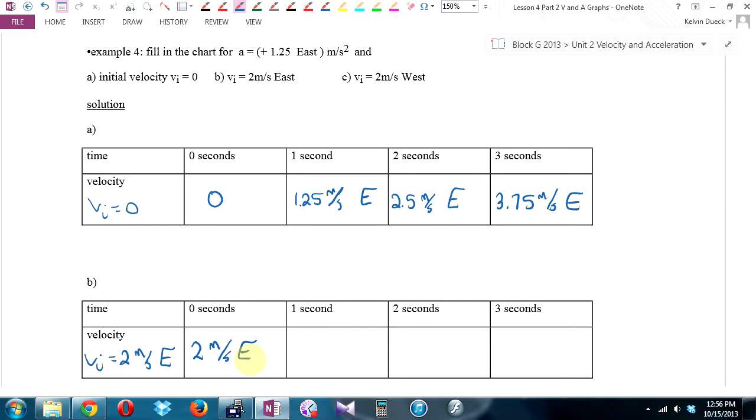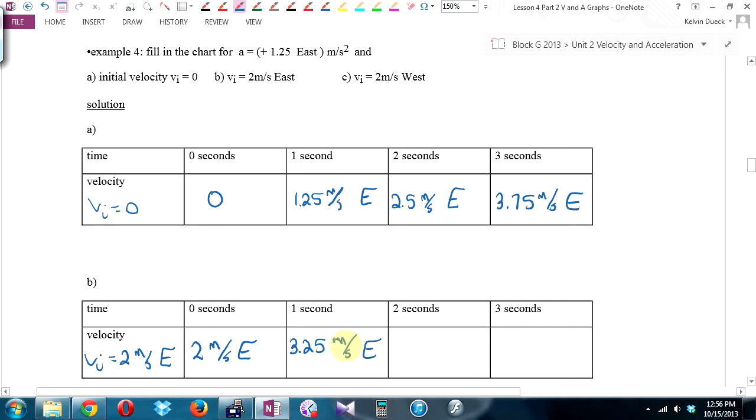Magnitude and direction. Careful. I don't agree with the 0.75. 3.25? Yes? 3.25 meters per second?